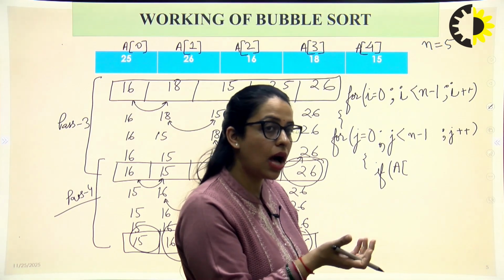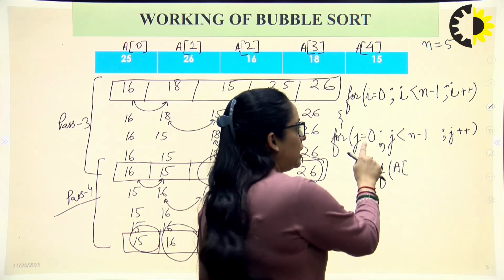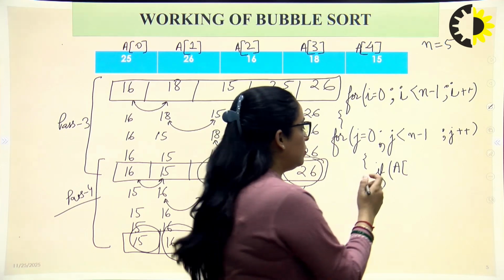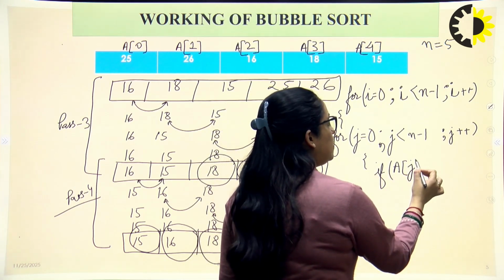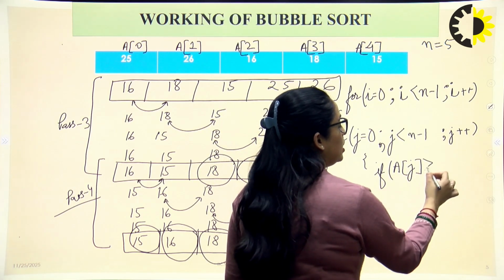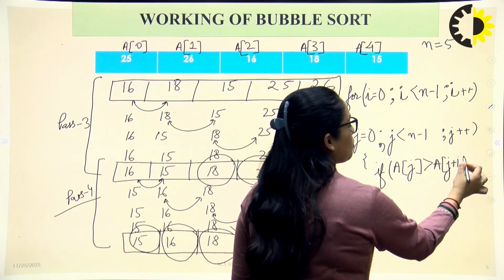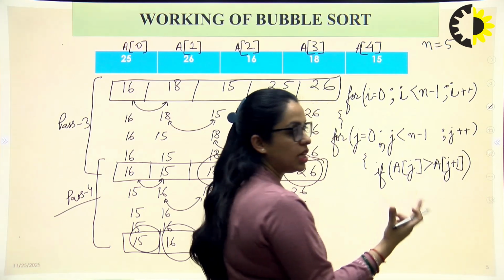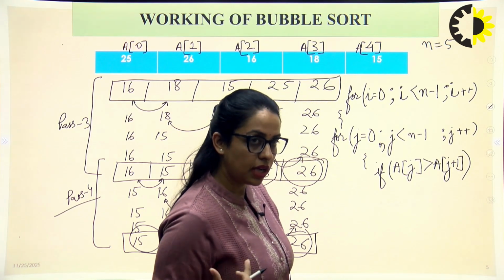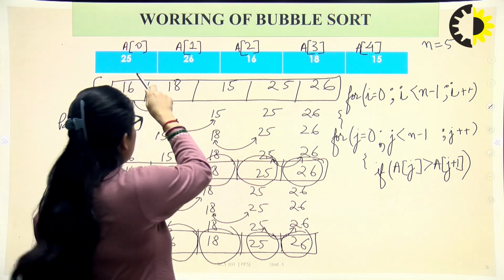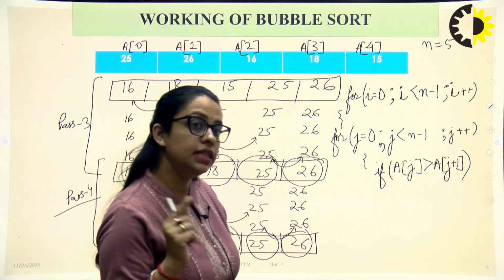That is how we are going to proceed with the value of j. We are going to check whether aj is greater than aj plus 1. If a0 is greater than a1, then we will perform the swapping.